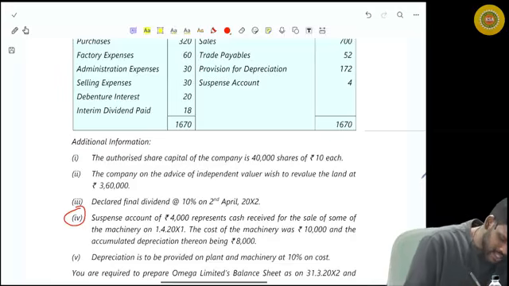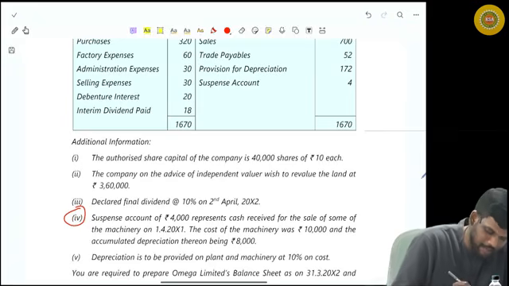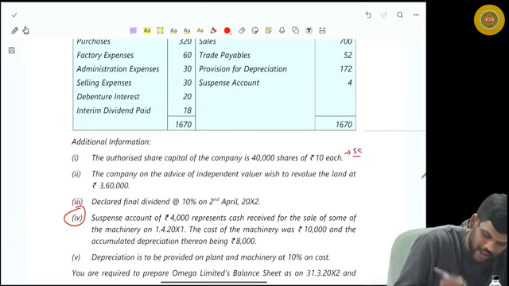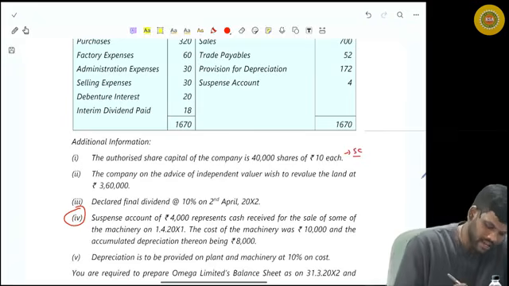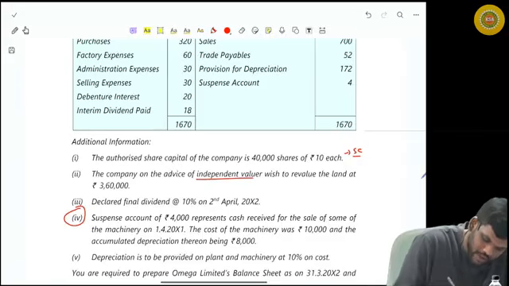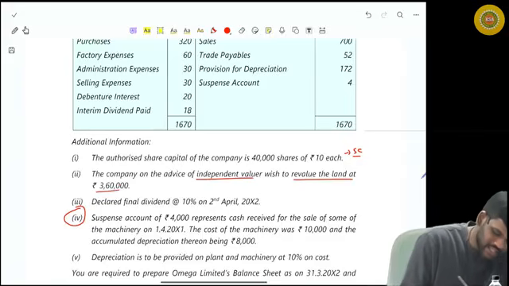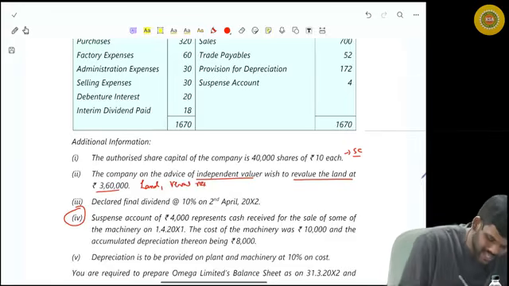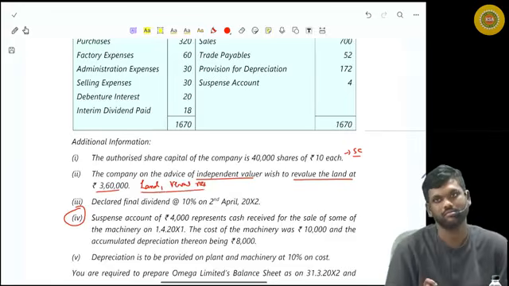Wherever an adjustment is going to have an impact, just write that in short form. For example, this authorized share capital should come in the share capital note, and this company on the advice of an independent valuer wishes to revalue the land. This will affect land account and also revaluation reserve. So like that, just note it down so that you don't miss that.